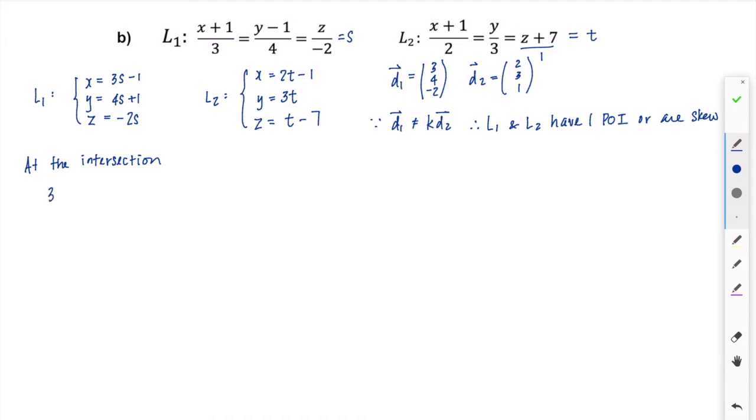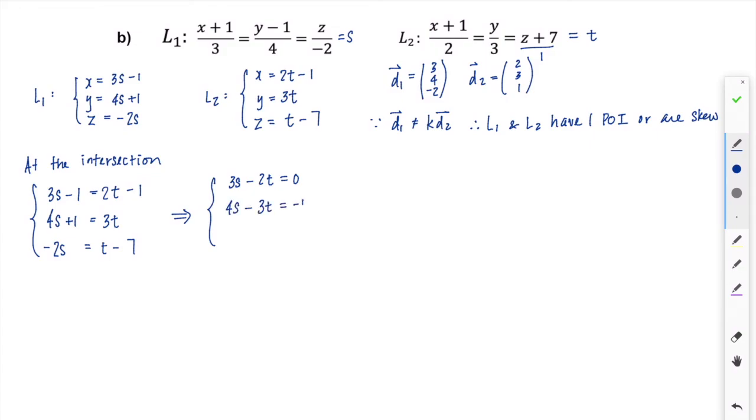Okay, assuming that they intersect, now we can compare the components. So 3s minus 1 is equal to 2t minus 1. 4s plus 1 is equal to 3t. Negative 2s is equal to t minus 7. This can be rearranged into 3s minus 2t, negative 1 plus 1 is 0. 4s minus 3t equals negative 1.